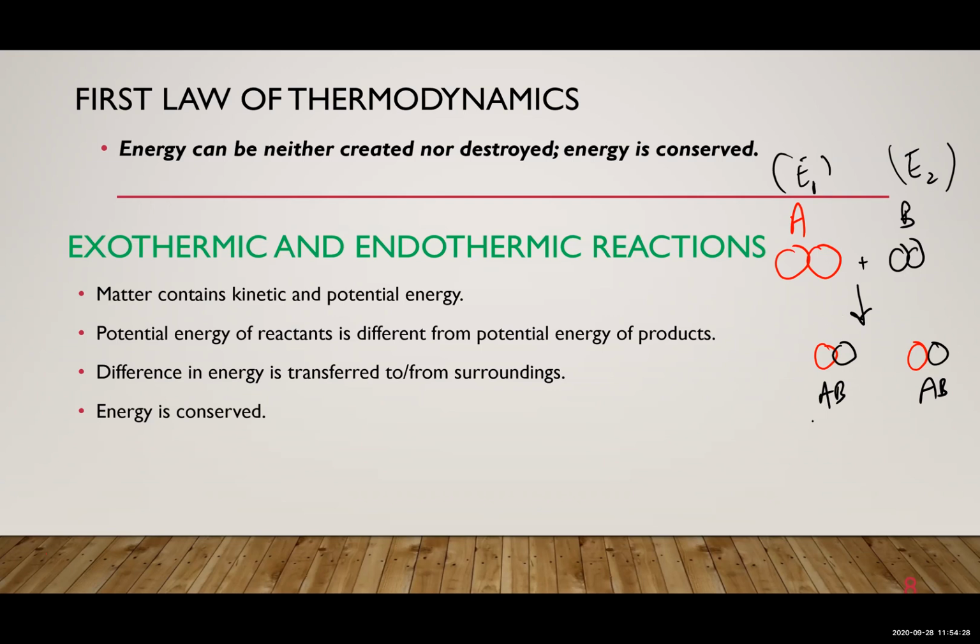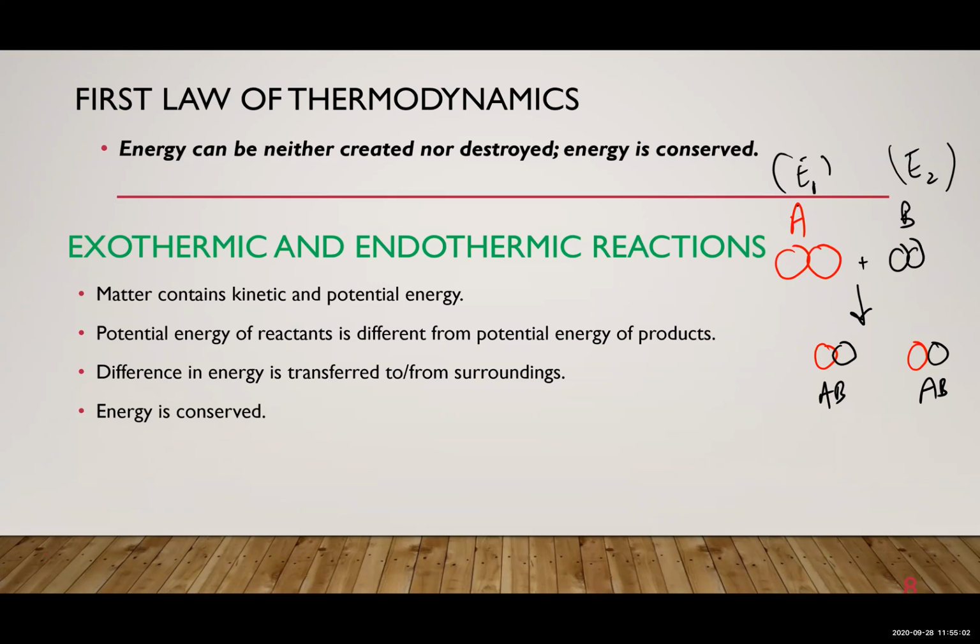And the products, what do you think? What will be the energy of the product? You remember the first law of thermodynamics, which states that energy is conserved. So based on that logic, what do you think? It's good to consider energy as money.